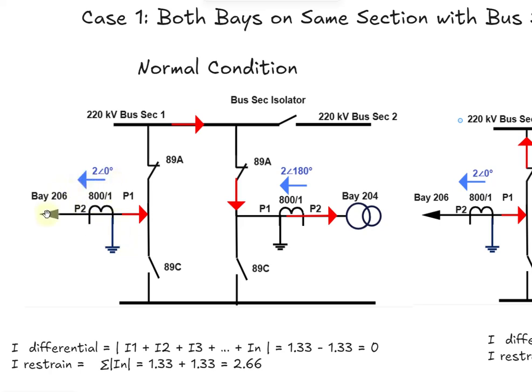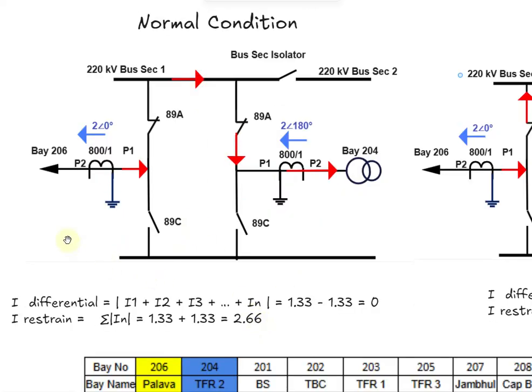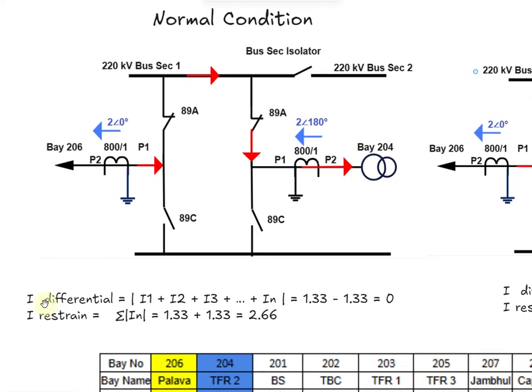So for simulating the current into the bus, we'll give 2 amperes at an angle 0. Similarly, for the current coming out of the bus, we give 2 amperes at an angle 180 degrees.